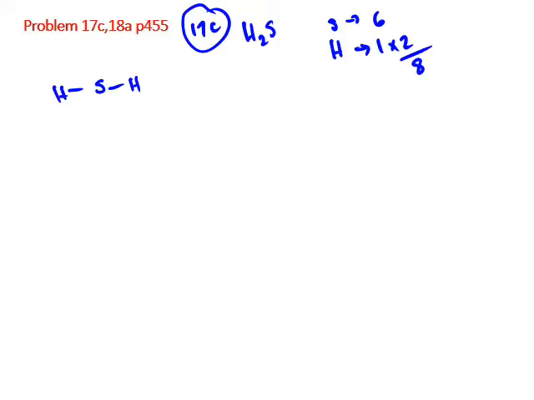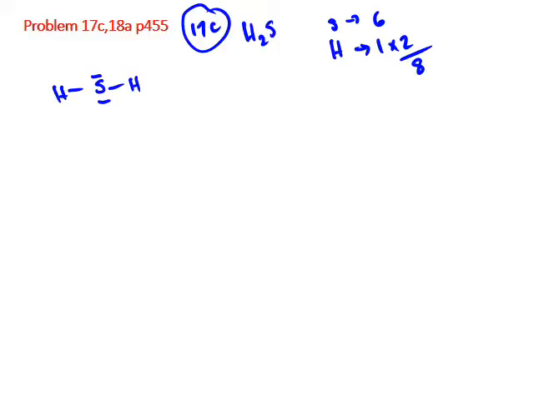This accounts for 4 electrons, and I need to assign 4 more electrons. Hydrogen already has the noble gas configuration of helium with 2 electrons, or 1 bond. So you cannot put any more electrons on hydrogen. So those electron pairs will have to be on the central atom, sulfur. So these are the two pairs. And this would account for all 8 valence electrons in H2S.